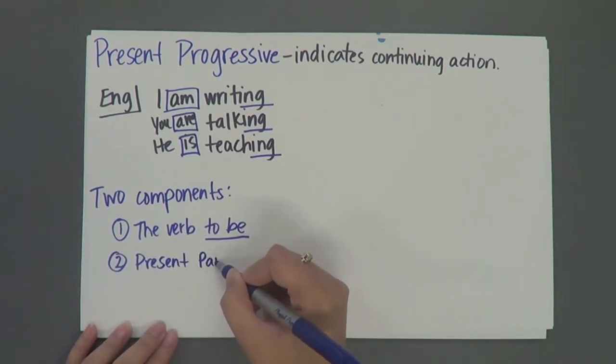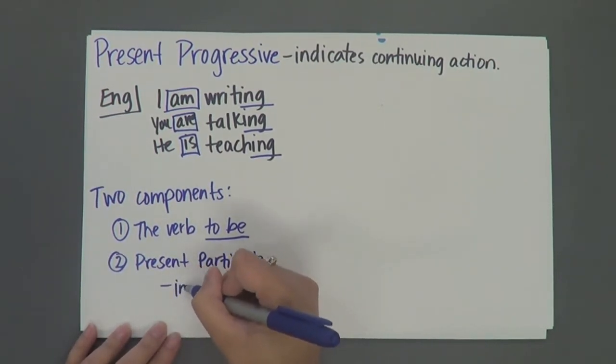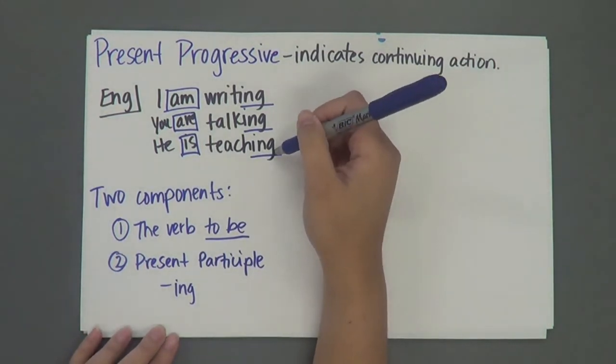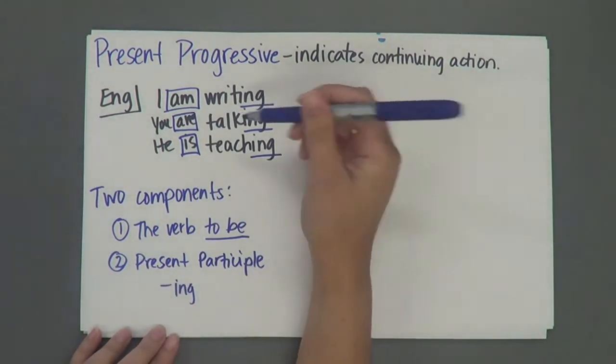What is the present participle? The present participle is going to be anything ending in ing, so a verb ending in ing. Walking, talking, teaching, running, singing, all of those are the present participle of the verb.